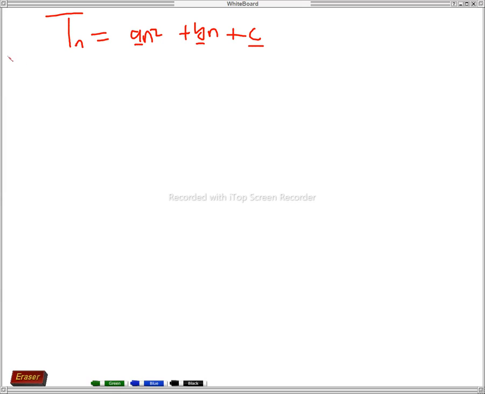let me give you a hint before we jump into the example. If we want to find the value of A, the formula is 2A equals the first term.